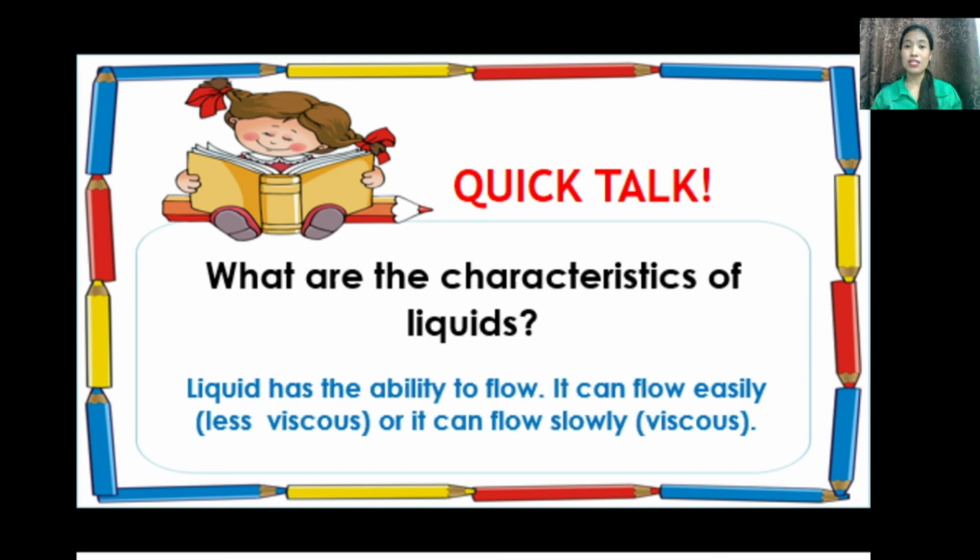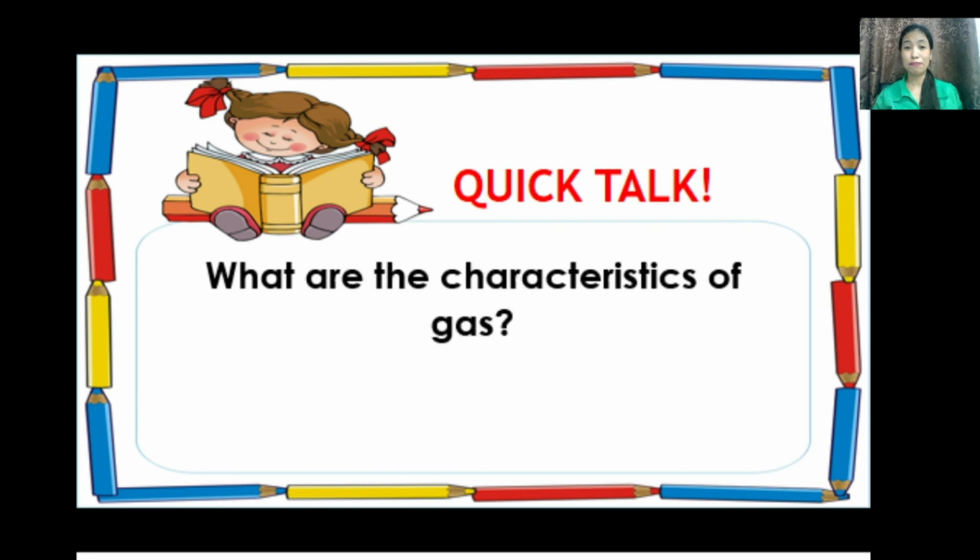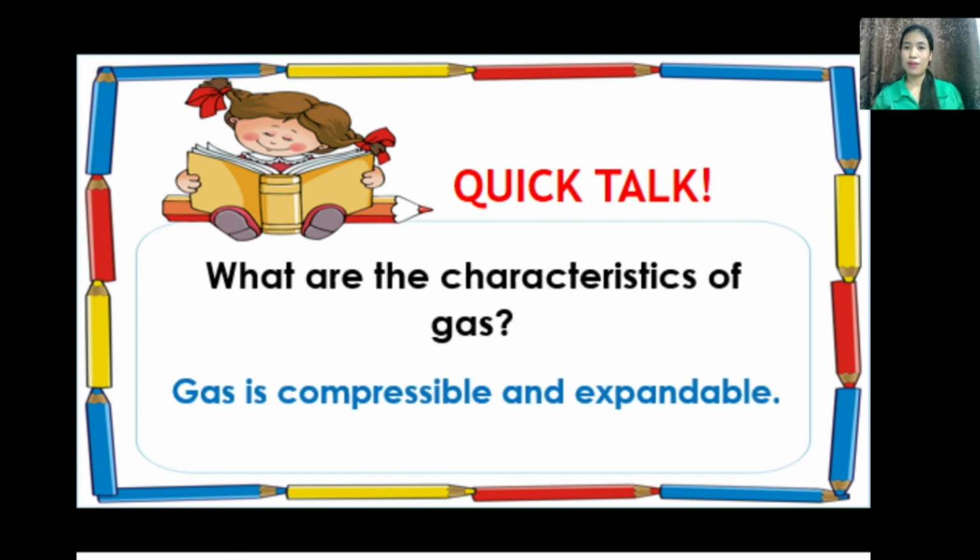They can flow easily, or less viscous, and they can flow very slowly, or viscous. How about the characteristics of gas? We have compressible and expandable. Compressible, it's easy to compress, and expandable, it expands.